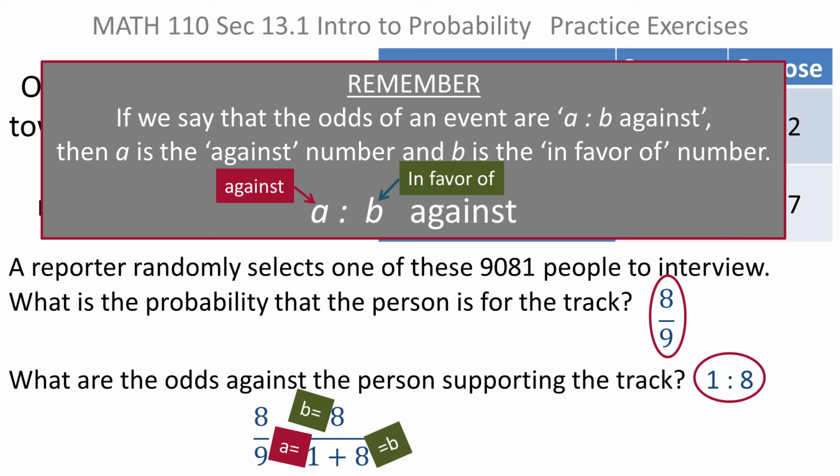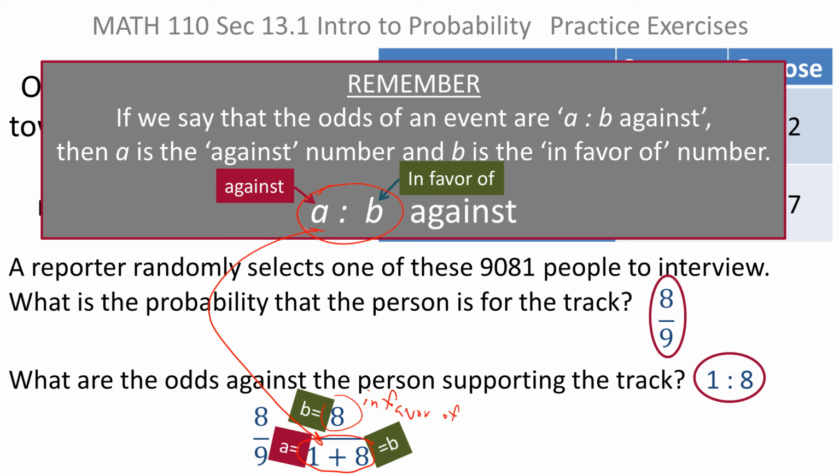I hope you'll pay attention to this, how you can change from odds to probability and probability to odds. The denominator in a probability is always the sum of A and B. You're going to add A and B to get the denominator in a probability. And one of the numbers, A or B, will be the numerator in the probability. It just depends on the problem, because this is always the in favor number up top.